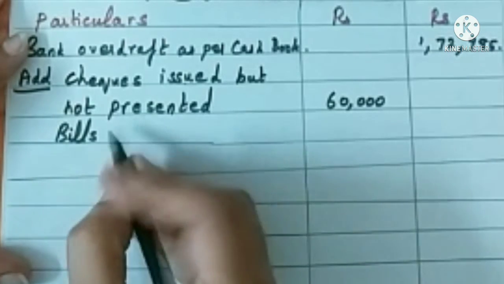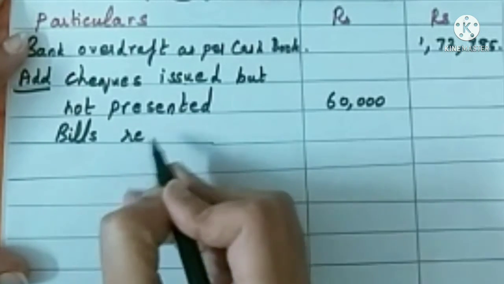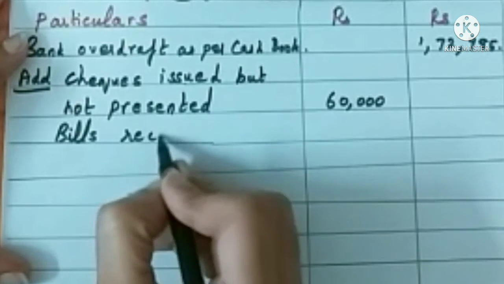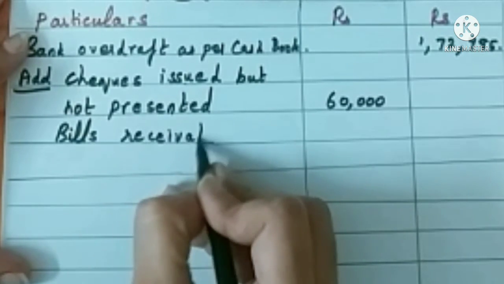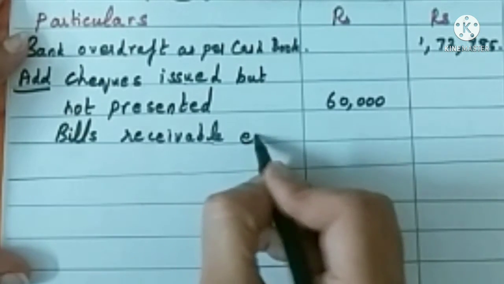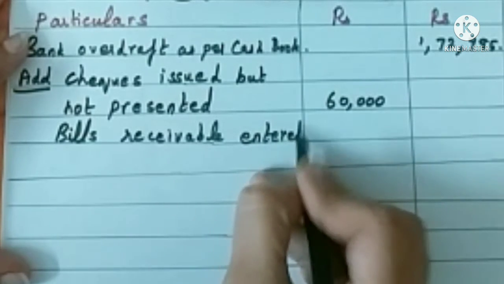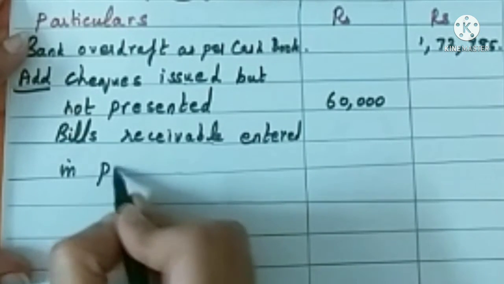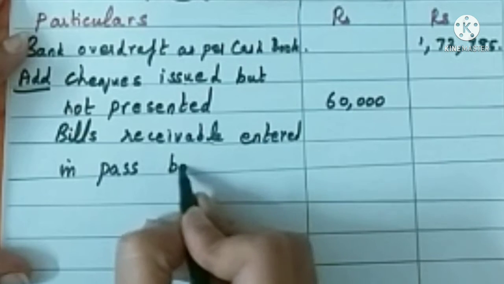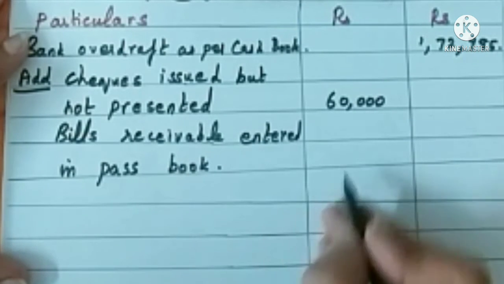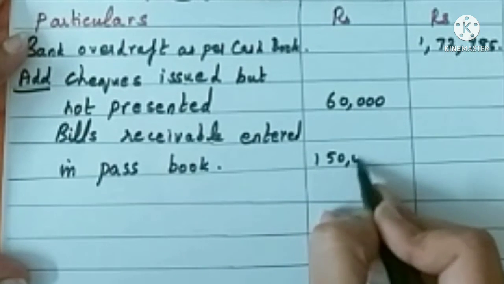Bills receivable entered in passbook. Amount is rupees 1,50,000.